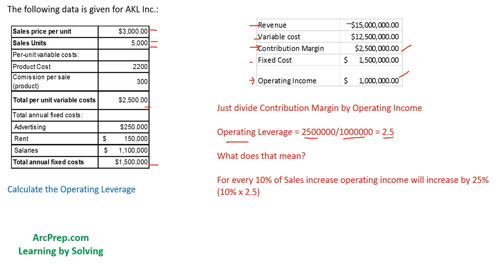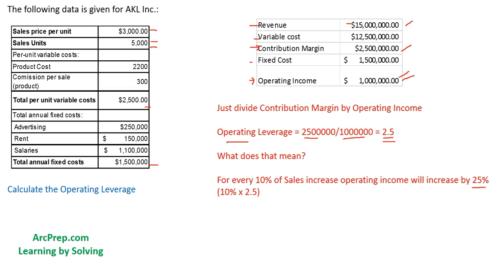What that means is for every 10% increase of sales, the operating income will increase by 10% multiplied by 2.5. So it will increase by 25%. If my revenues increase by 10%, my operating income is going to increase by 25%. Similarly, if it decreases by 10%, it will decrease by 25% as well.